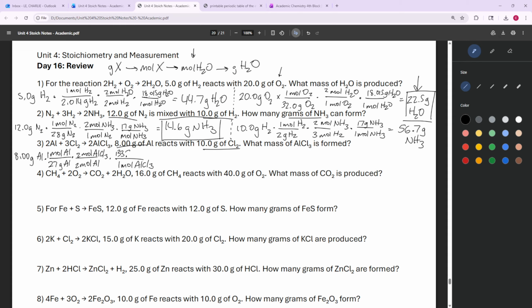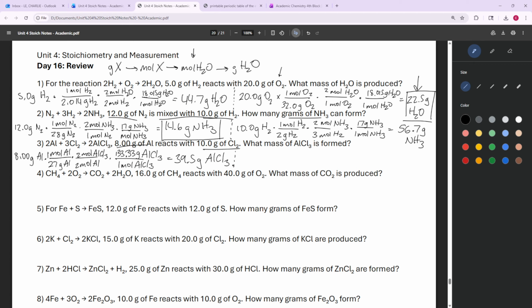It's, I believe, 133.33 grams. Well, 8 divided by 27 times 2 divided by 2 times 133.33 gets us 39.5 grams of aluminum chloride.